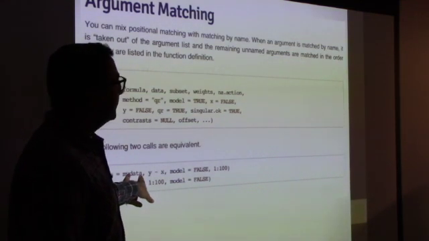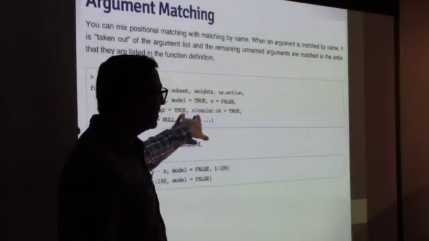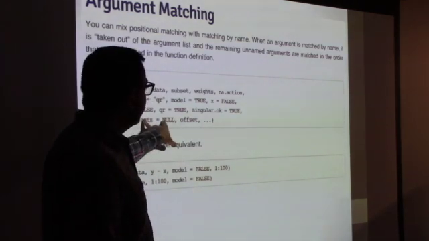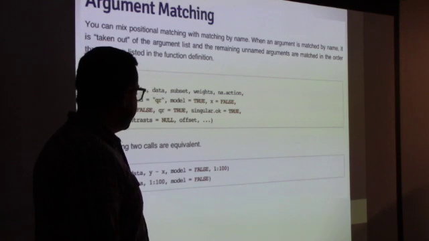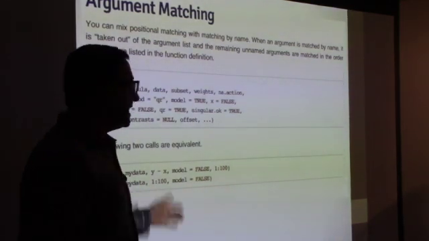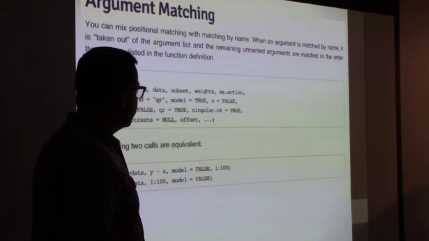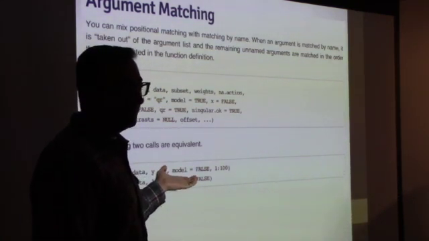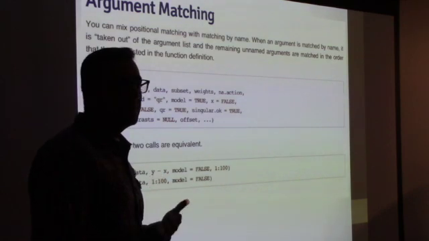On the other hand, if there was another required argument called date, D-A-T-E, towards the end, and then I say dat equals my data, now it's confused whether dat stands for data or dat stands for date, in which case it'll give me an error. Okay? Are you guys with me?